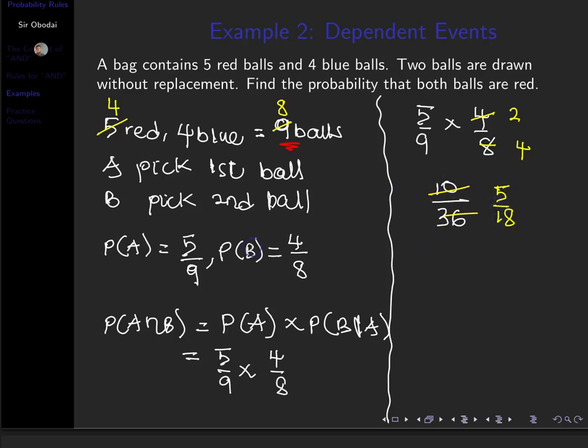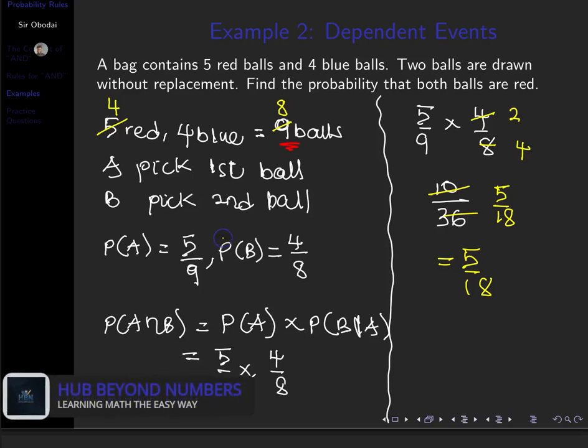So our probability becomes 5/18. Hence the probability that both balls are red is 5/18.